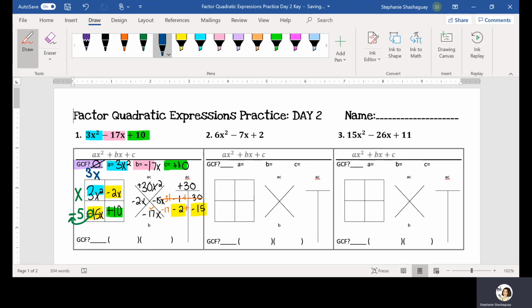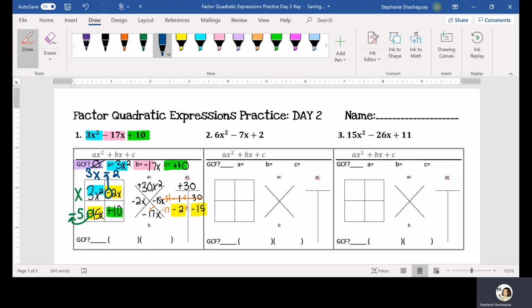Then I'm going to go to my next column where I have a negative 2x and a positive 10. And because of this negative, I'm going to factor out a negative number up here as well. So I'm going to factor out a negative 2 because both negative 2x and a positive 10 can factor out a negative 2.